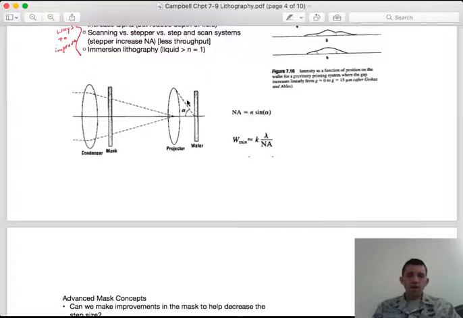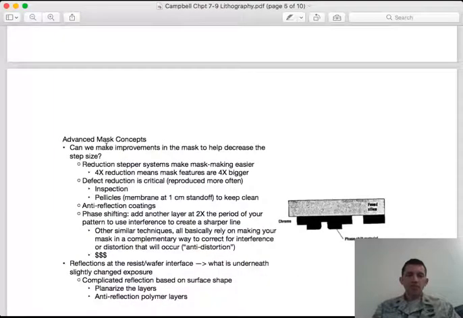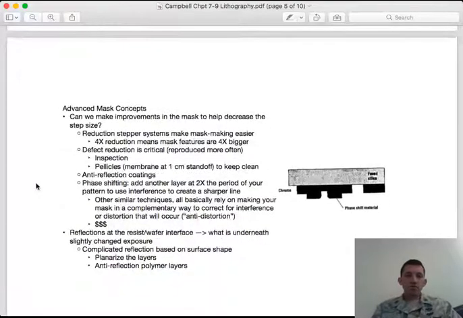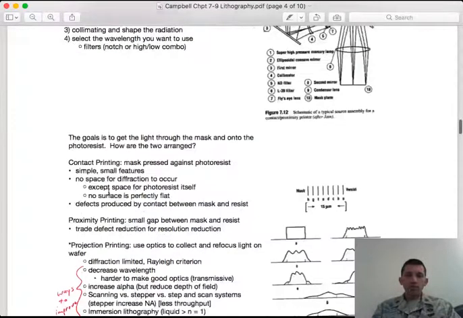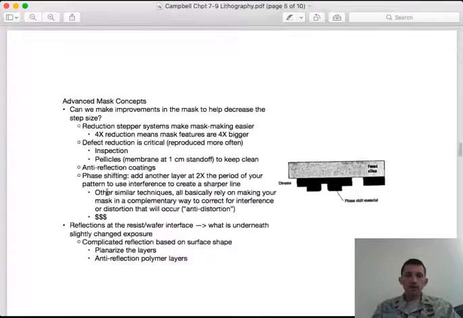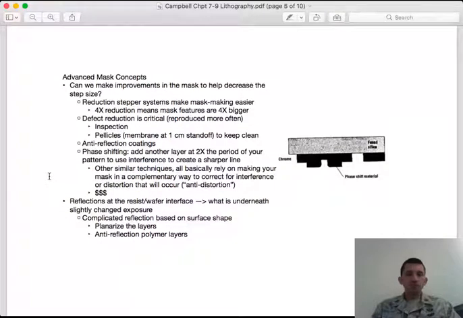So I have a membrane not at the focal distance, so it doesn't interfere optically, but it can catch, say, any particles and keep the surface clean. I can also deposit anti-reflection coatings if I'm worried about reflection, say at the resist interface, and then I can take care of that interference due to the reflection.